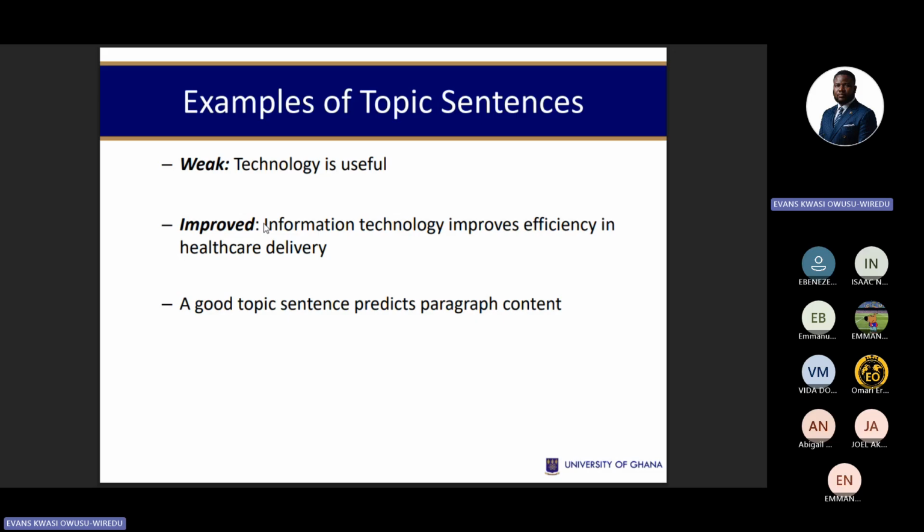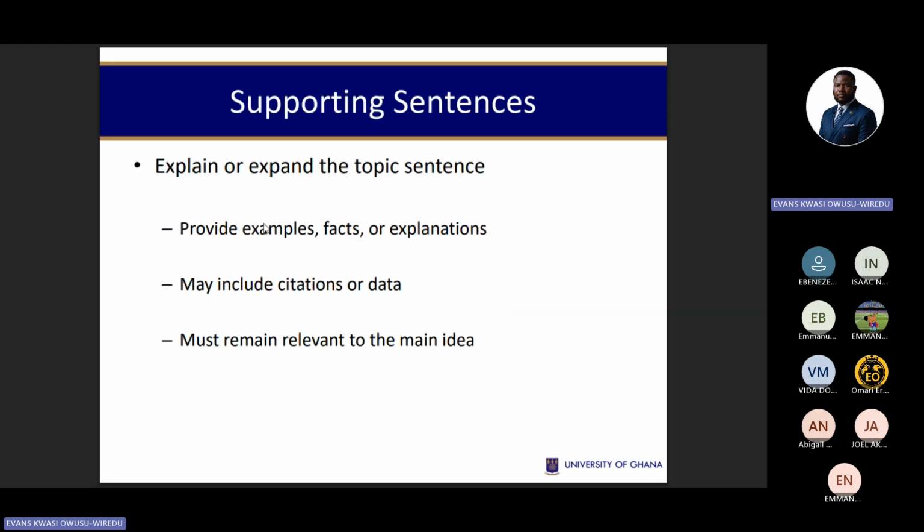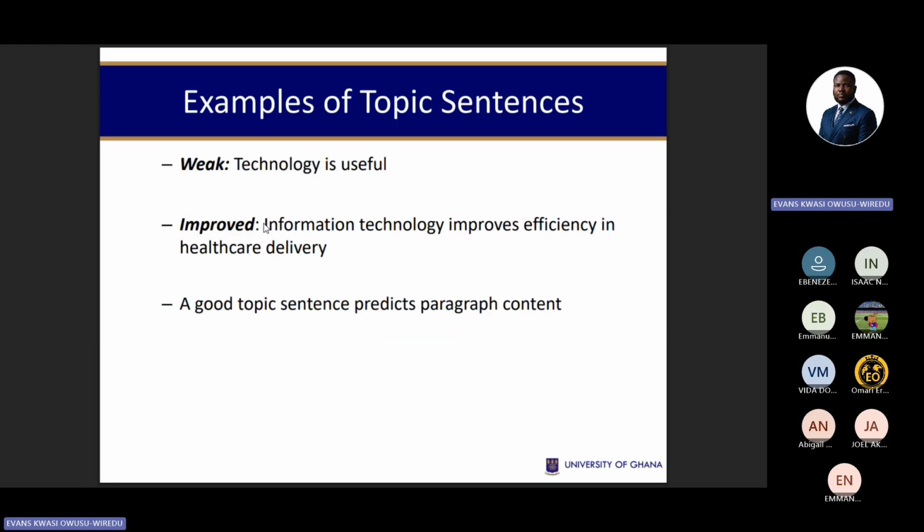So information technology improves efficiency in healthcare. So now we are talking about topic sentences, right? So you see that the supporting sentences will now come to expand and explain in detail what this topic is about.